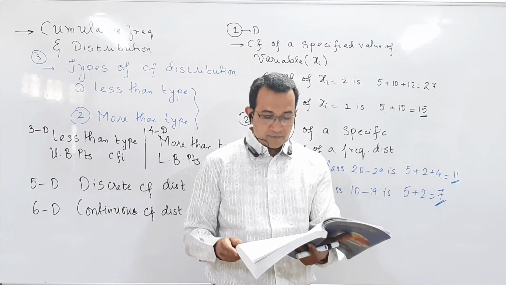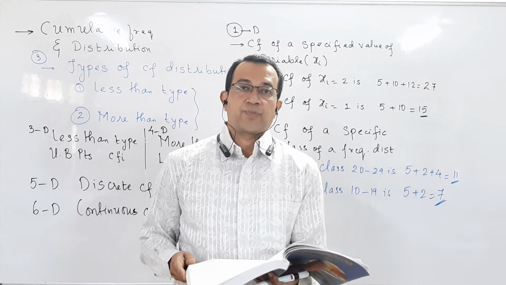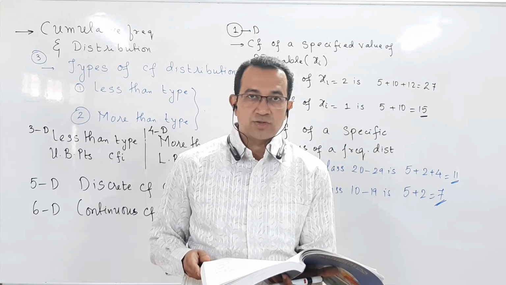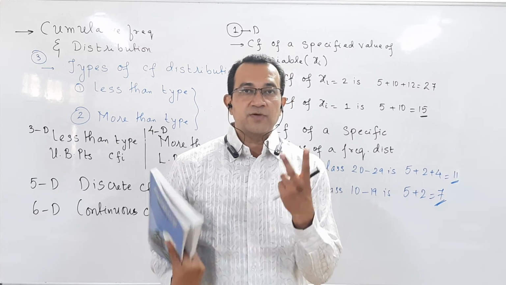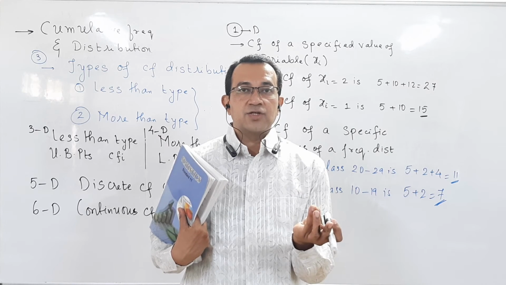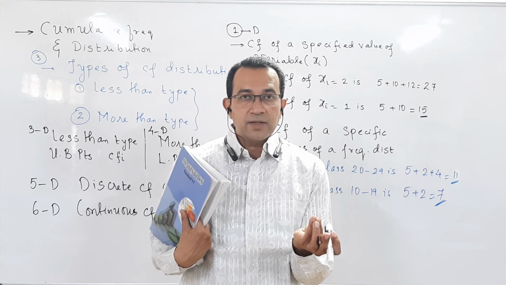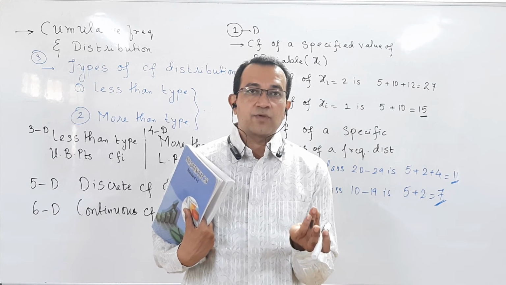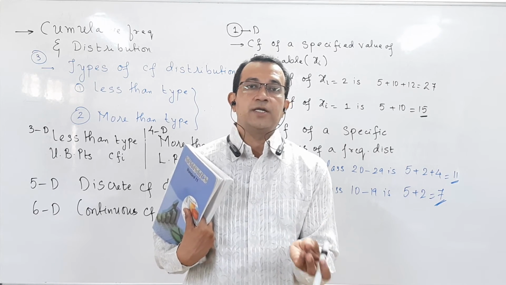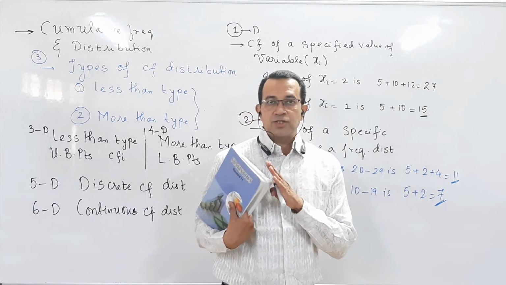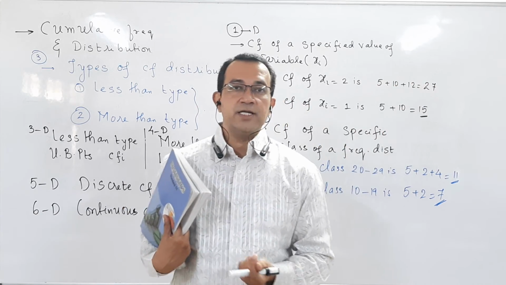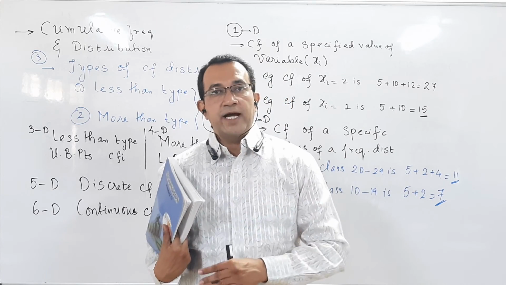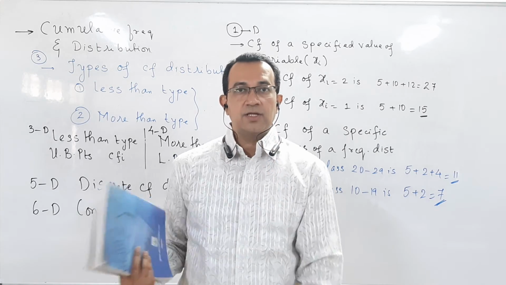State the types of classification. That also students we have discussed. There are 2 types of classification. Classification of qualitative variable or qualitative data and classification of quantitative variable or quantitative data. We have as such 2 types of data which we have already studied in chapter 1, qualitative and quantitative data. Based on that, we have 2 types of classification.